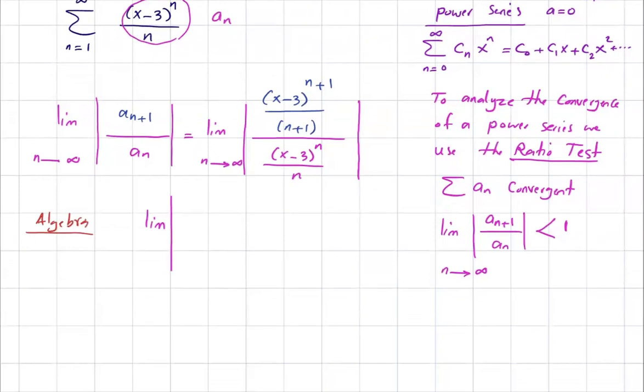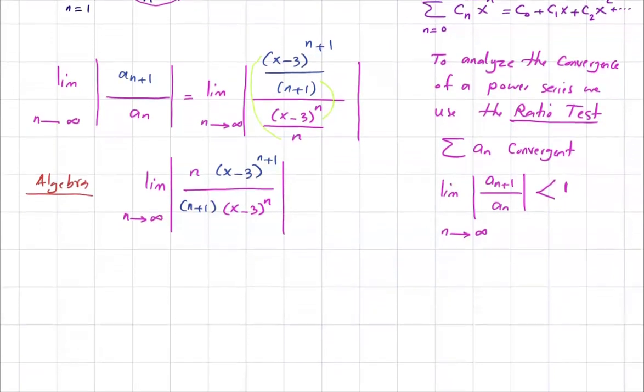Here, if you multiply (x minus 3) to the power n plus 1 by n, you get n times (x minus 3) to the power n plus 1, divided by (x minus 3) to the power n multiplied by n plus 1, and we are taking the limit as n goes to infinity.